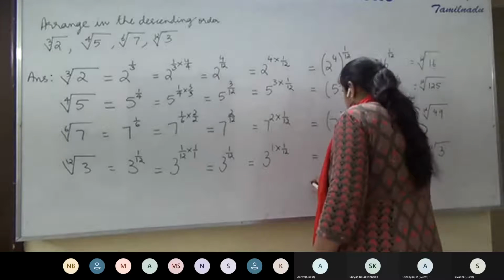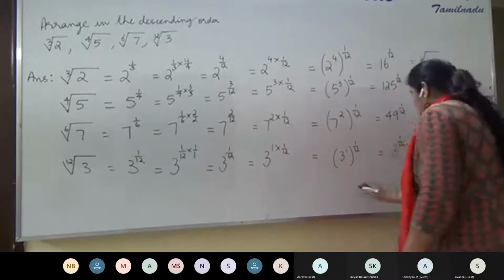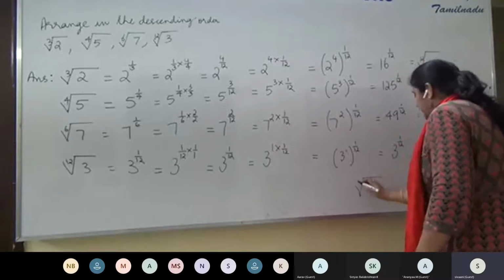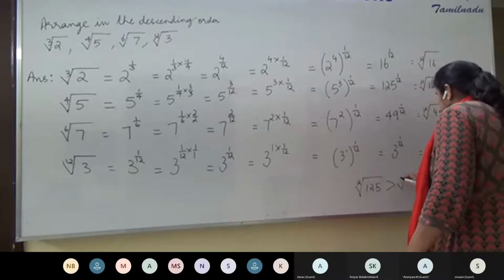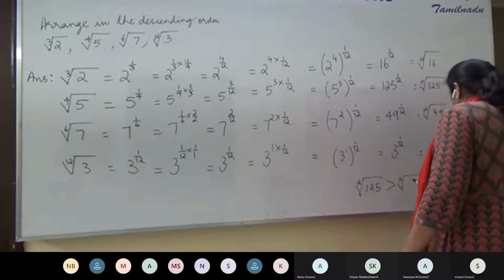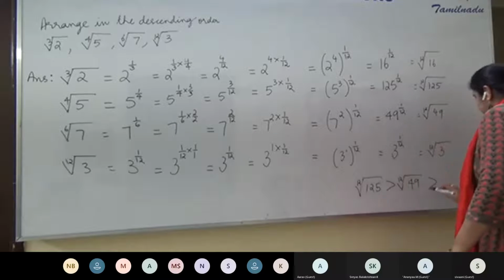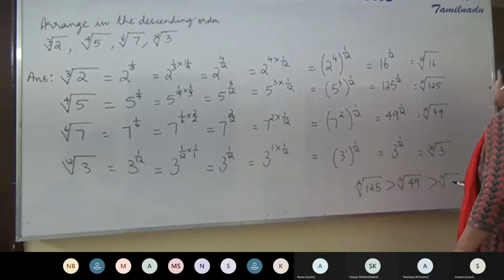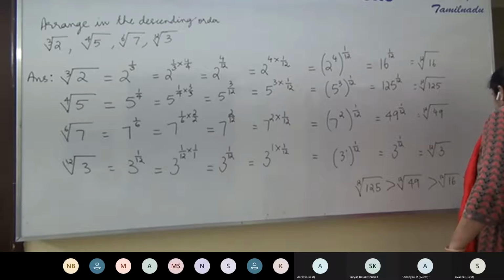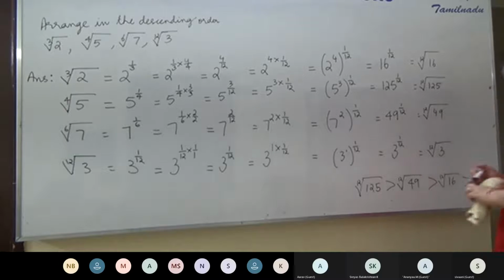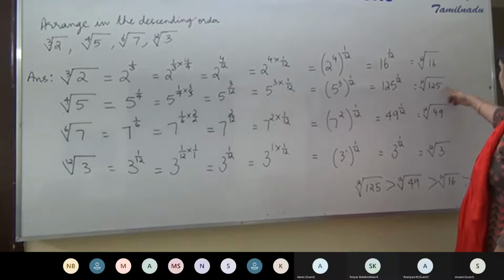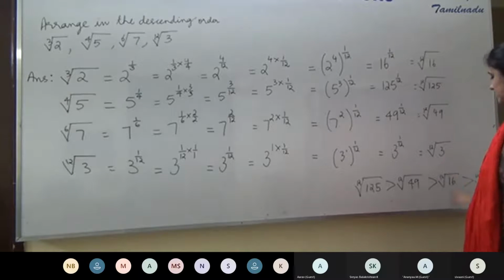So the 12th root of 125 is greater than the 12th root of 49, which is greater than the 12th root of 16, which is greater than the 12th root of 3. Descending order. So this is the biggest, followed by this, this, and this. So this is the answer.